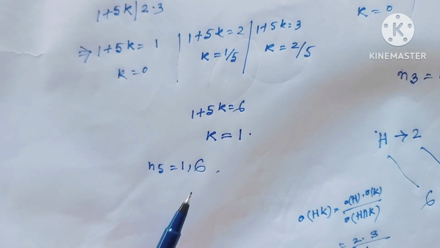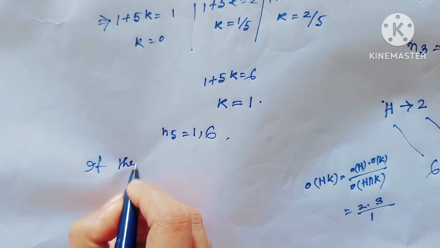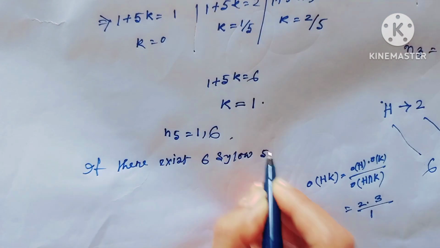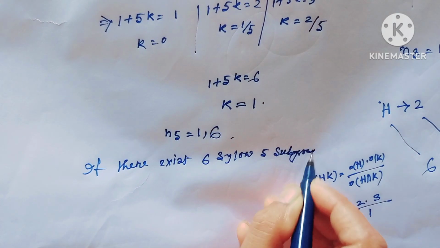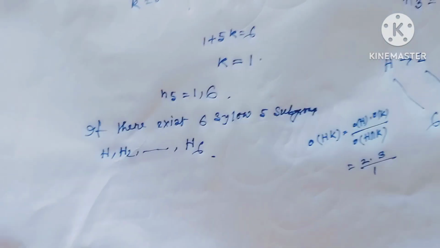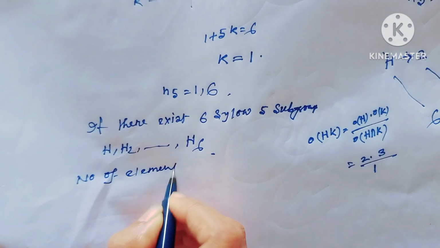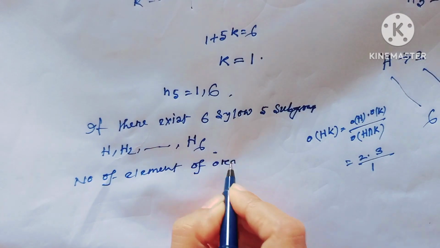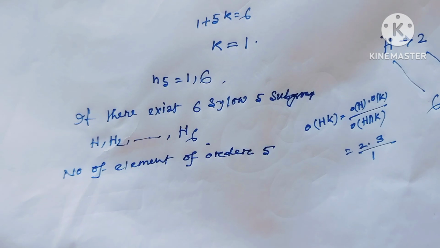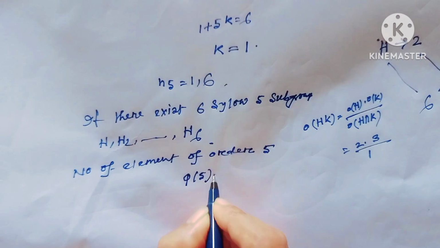Since there exist 6 Sylow 5-subgroups, consider them as A1, A2 up to A6. Then the number of elements of order 5: since each subgroup has order 5, and we all know that since 5 is a prime number, the number of elements of order 5 in each subgroup would always be 4.